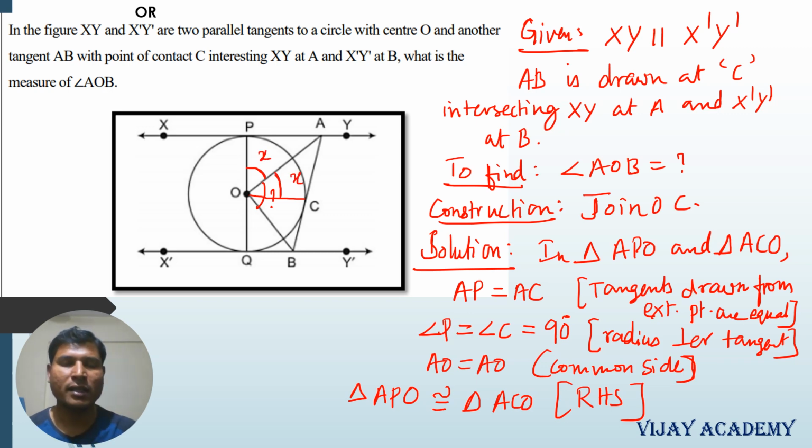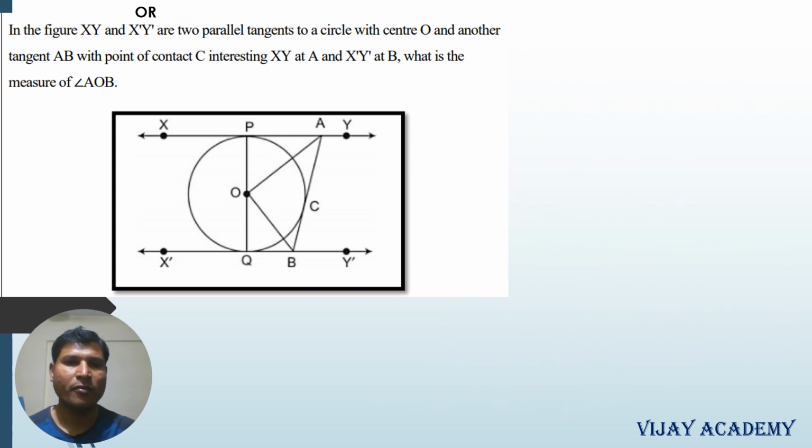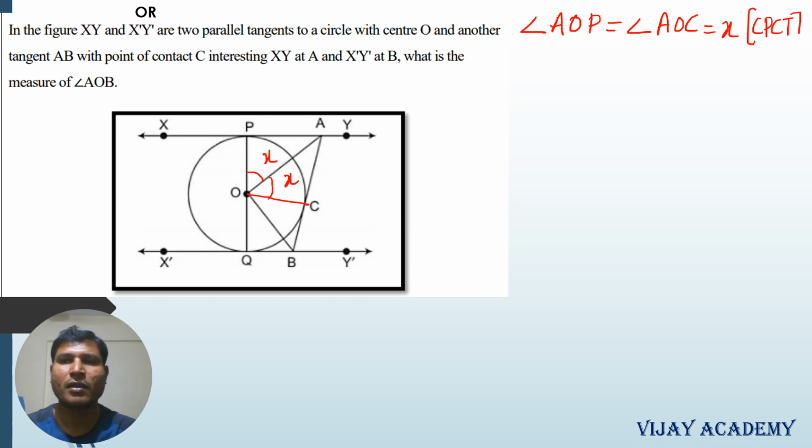So I can write angle AOP equals angle AOC, and let me mark this as X and X. Equal angles as X and X. The reason is CPCT.